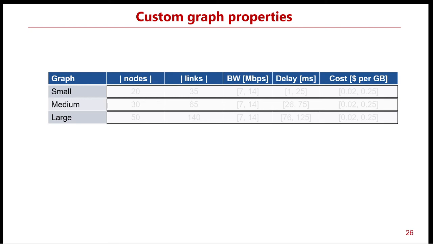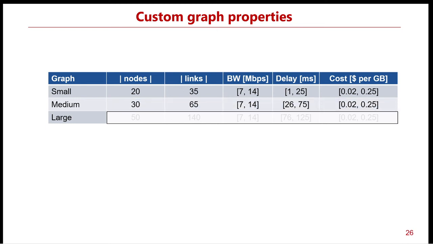These graphs, we name them small, medium, and large. In the case of small, we have 20 nodes with 35 links. The bandwidth among the nodes varies in the range of 7 to 14 megabit per second. The delay varies in the range of 1 to 25 milliseconds, and the cost is in the range of 2 to 25 cents.